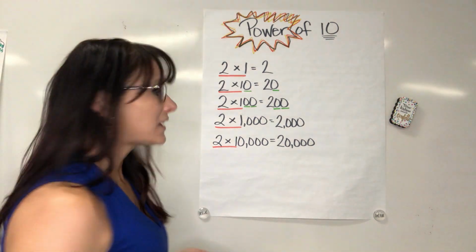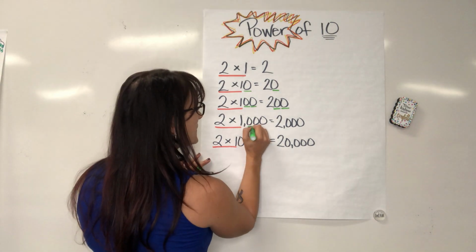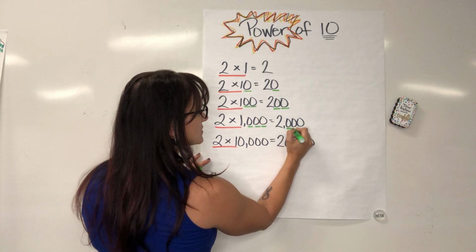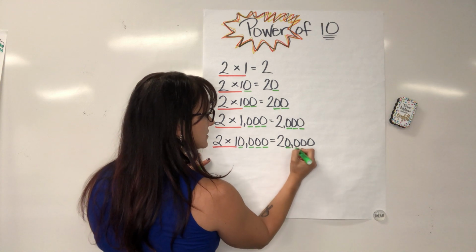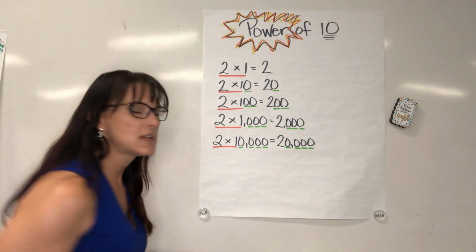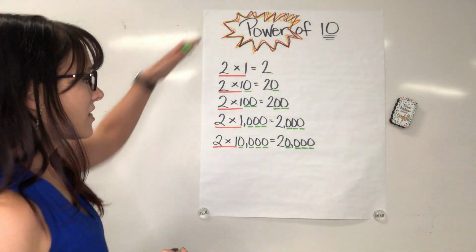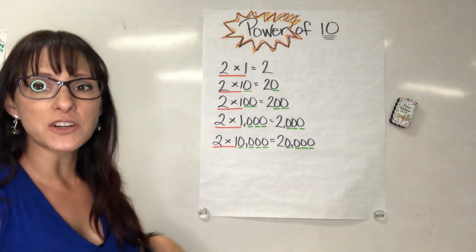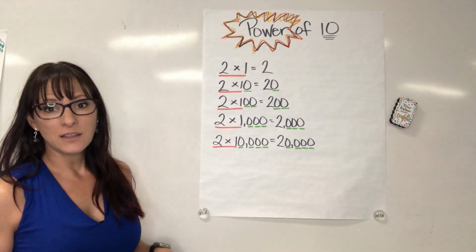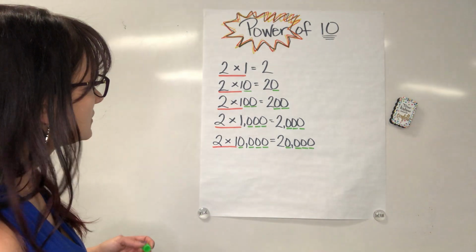You probably also noticed 1, 2, 3 zeros, 1, 2, 3 zeros, 1, 2, 3, 4 zeros, 1, 2, 3, 4 zeros. Now, if you didn't notice these things, go ahead, pause the video. Go ahead and make the same underline or the same notes that I made, and then come on back.